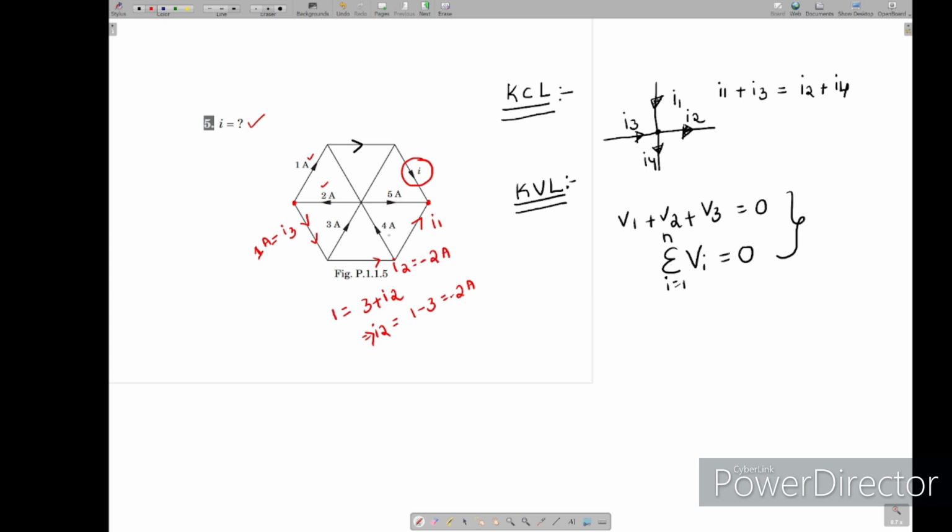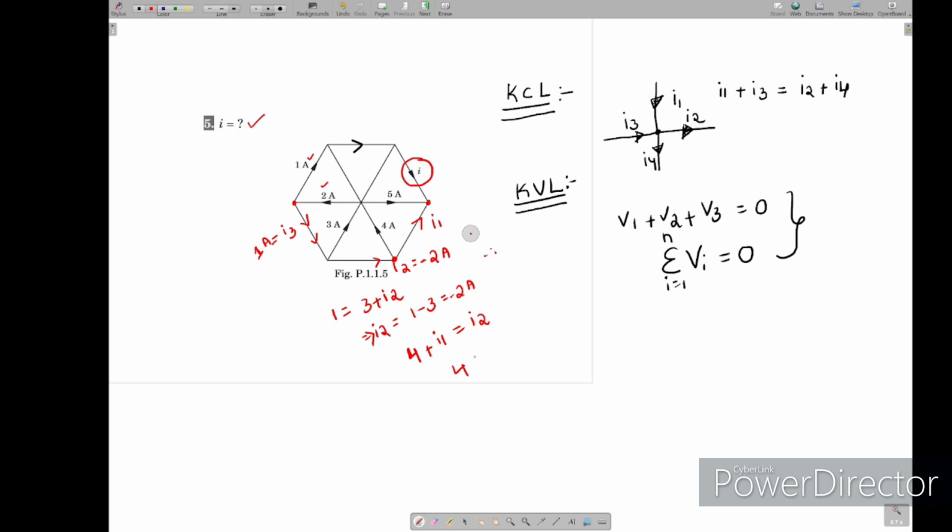So this is entering, again this is leaving at this particular node, and I1 I have taken as a direction. This I1 you can take like this also, but once I consider I will follow the same direction. Now I2 entering, I1 leaving, 4 amps also leaving. So here I will write 4 leaving plus I1 leaving equals I2 entering.